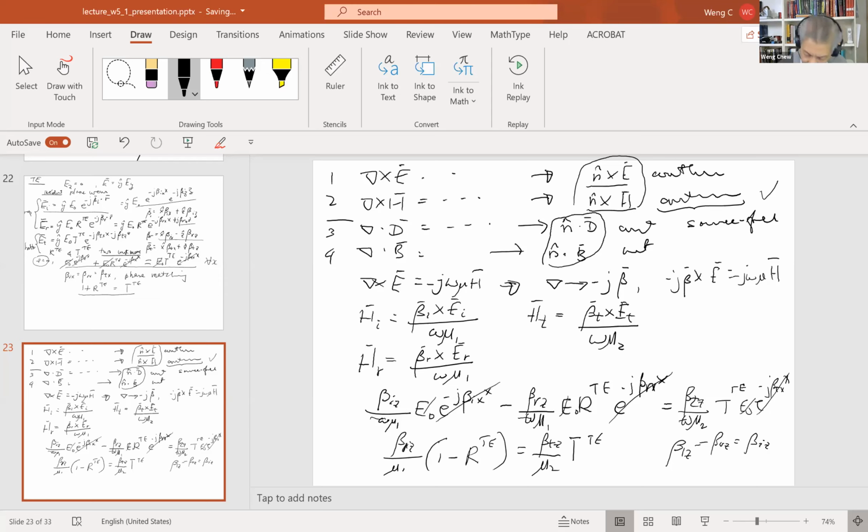Okay, why is beta Iz and beta Rz the same as each other? The reason is very simple because these are plane waves. And since they're plane waves, they have to satisfy the dispersion relationship in their respective regions.